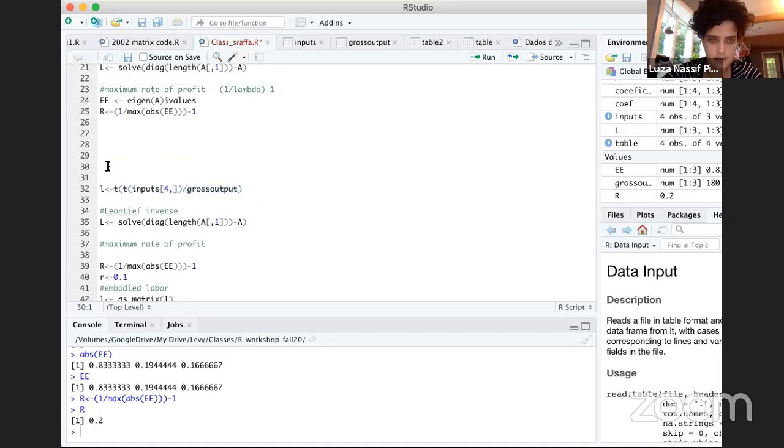So your labor, and yeah, a note on notation here. In general, capital letters are matrices. Non-capital letters are vectors. And then you also have scalars, which can be one or the other.